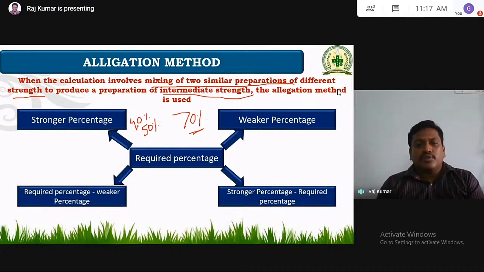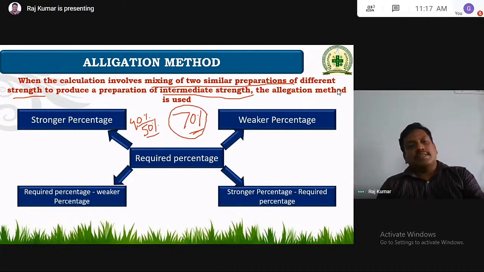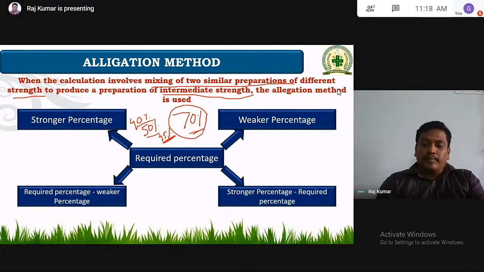You have a solution of 40% and a solution of 50%, and your aim is to prepare 70%, then this method will not be useful. Only when you are going to prepare something in between these two, 40 and 50, will this be useful. If you want to prepare 45%, then you can use this method for calculation purposes, for dilutions.